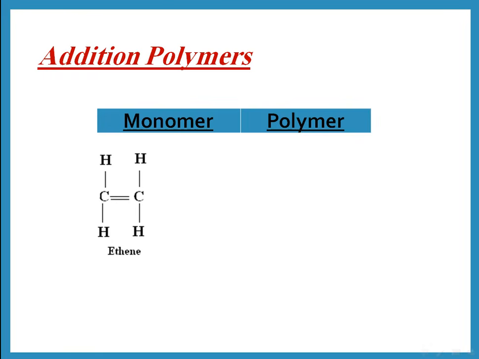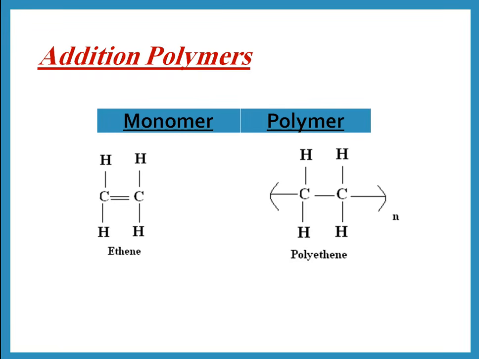We said polymers means I have many of the monomers. So I have many molecules of ethene and I'm trying to join them together to form a long chain. Now, in order to form a long chain, we said it's the double bond that will break to form a single bond. And then we're going to form bonds on both ends to join them to molecules before and after them, because we have many ethenes joined together, and this part will be repeated many times.